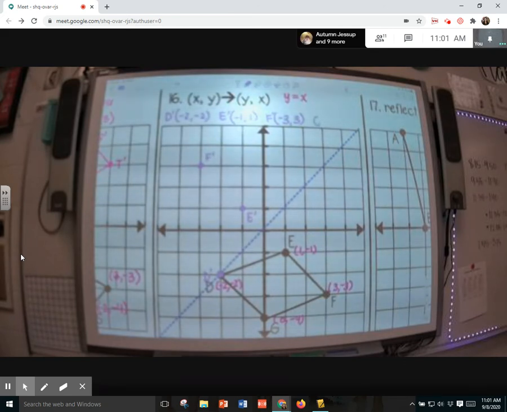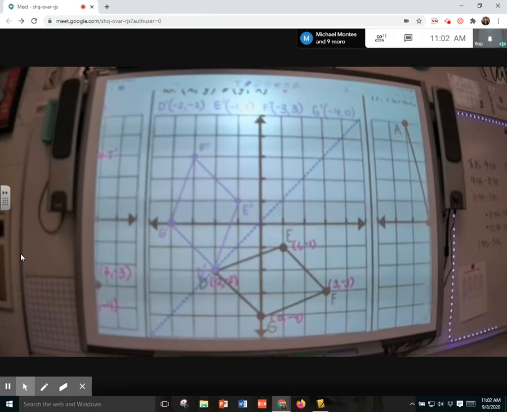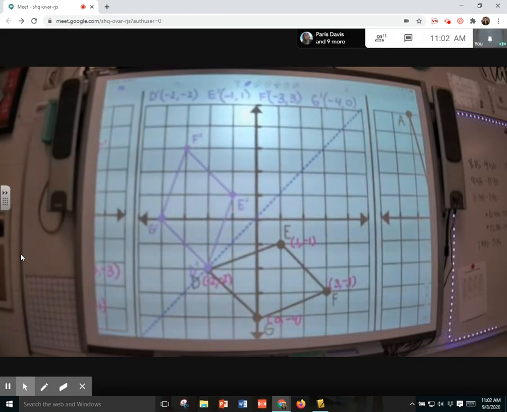And then what are my G prime's coordinates? 0, positive... -4, 0. -4, 0. Okay, anybody got any questions about that one?